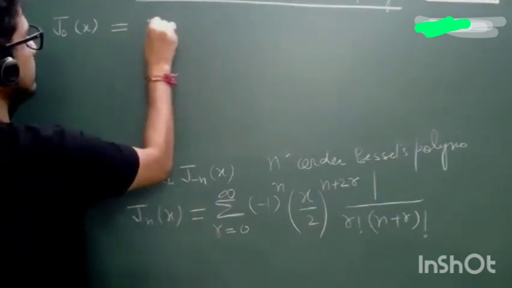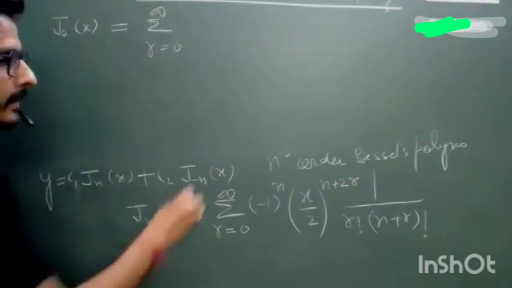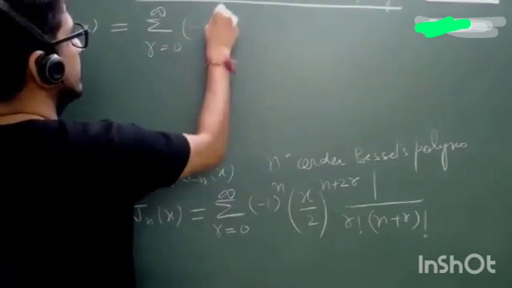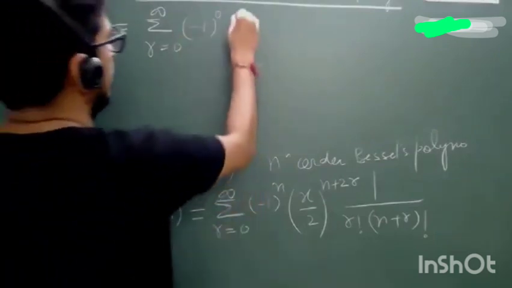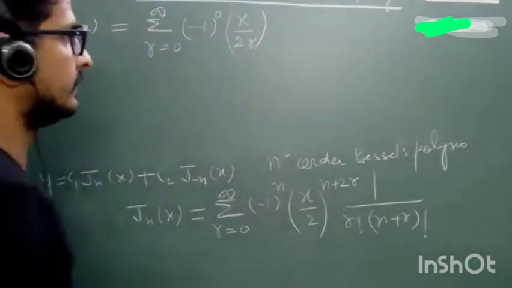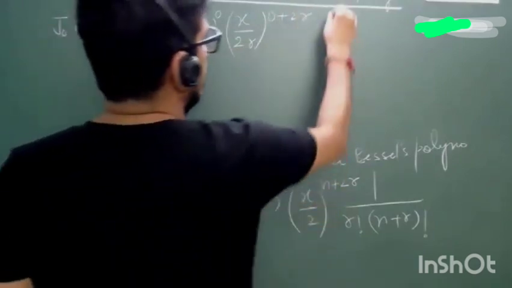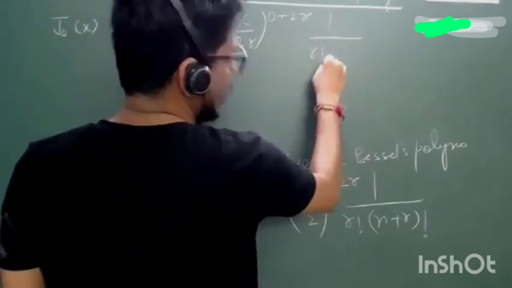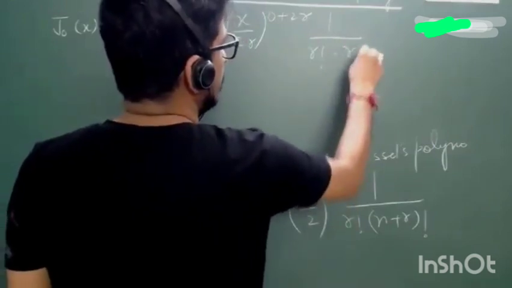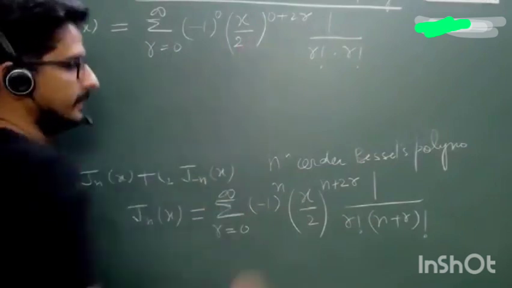So this will be given by summation r is equal to 0 to infinity, minus 1 to the power 0, x by 2 to the power 0 plus 2r, and 1 upon r factorial into r factorial. Please see this. Here it's 2r. x by 2, sorry. x by 2.